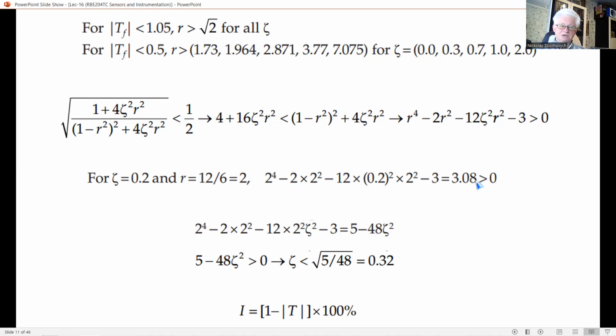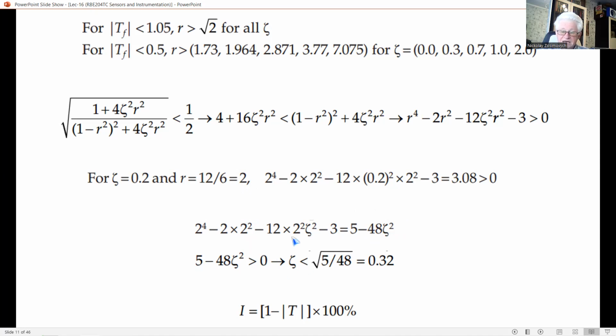In fact, since for r equal 2, the expression becomes this next expression here: 2 to the power 4, minus 2 to the power 2, minus 12 times 4 theta squared, minus 3, which gives us 5 minus 48 theta squared. And it follows that the requirement would be met if 5 minus 48 theta squared is a positive value.